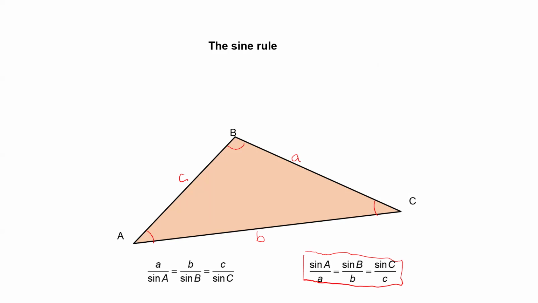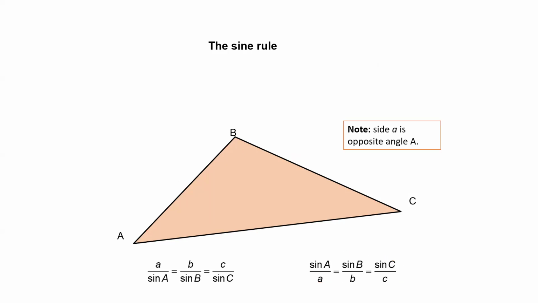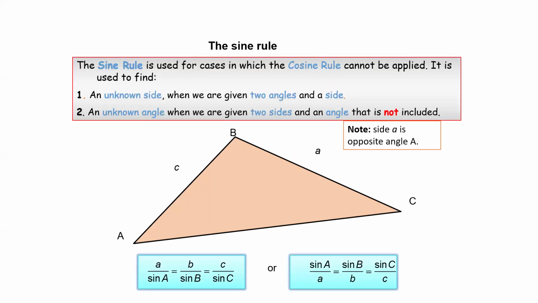Now, when do we use the sine rule? The sine rule is used for cases in which the cosine rule cannot be applied. It is used to find an unknown angle or side when we are given two angles and a side.